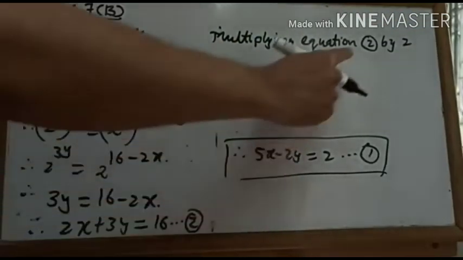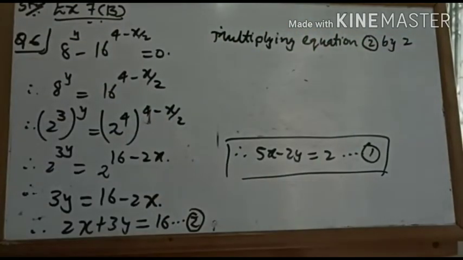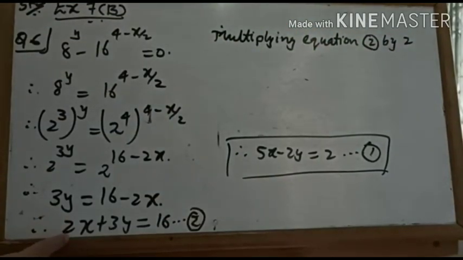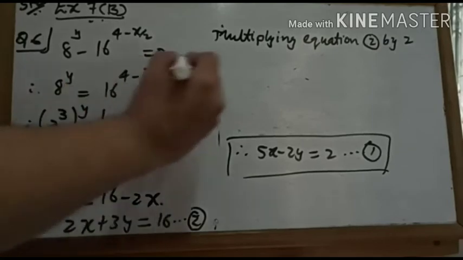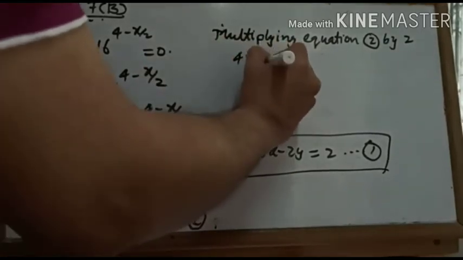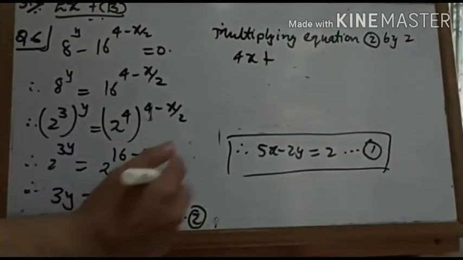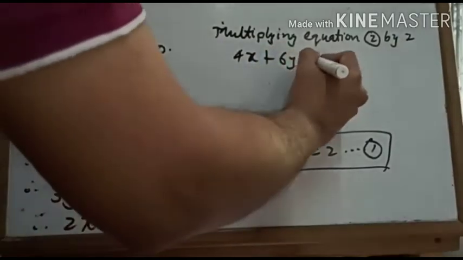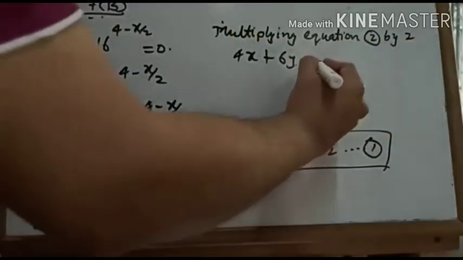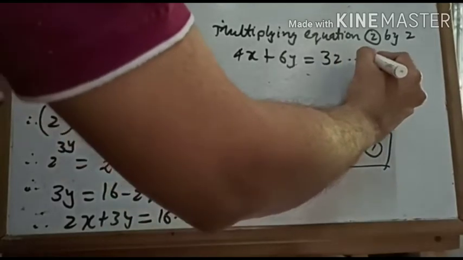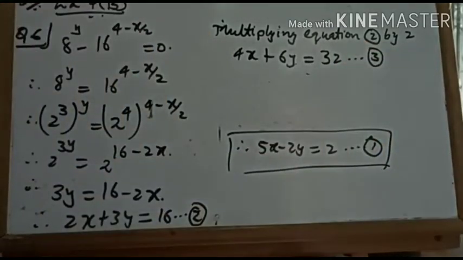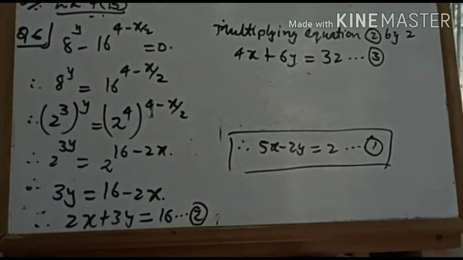When I say multiplying equation 2 by 2, it means each term of that equation will be multiplied by 2. 2 into 2x, I will get 4x, plus 2 into 3y, I will get 6y, is equal to 2 into 16, that is 32. So I obtained a new equation. I will label that as equation number 3.